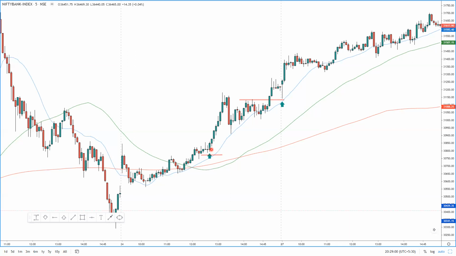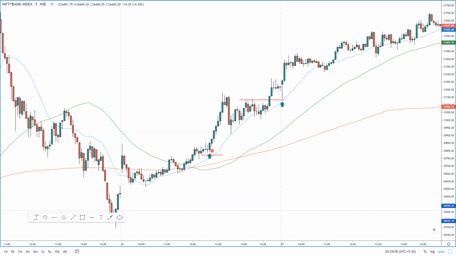As you remember, I mentioned in my previous videos that 99% of the time, whenever a signal bar generates, we will take the entry above the signal bar and place the stop below the signal bar.